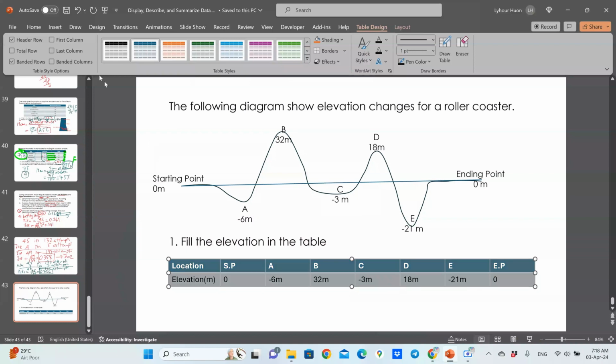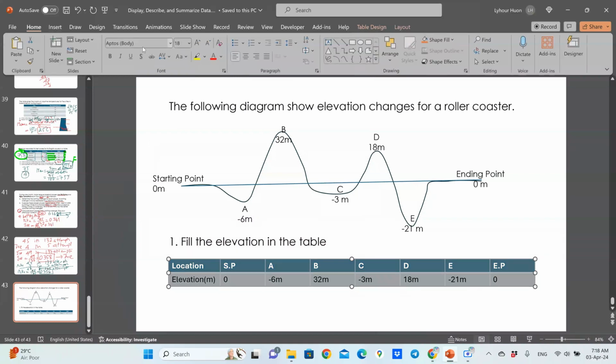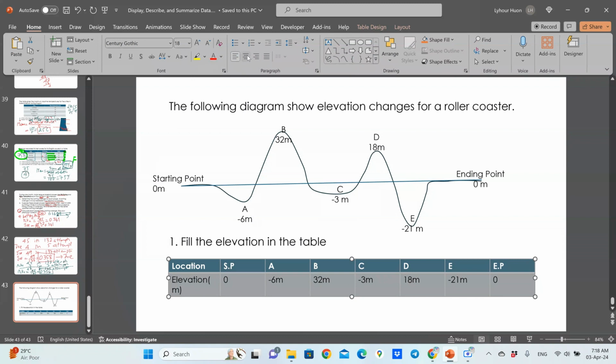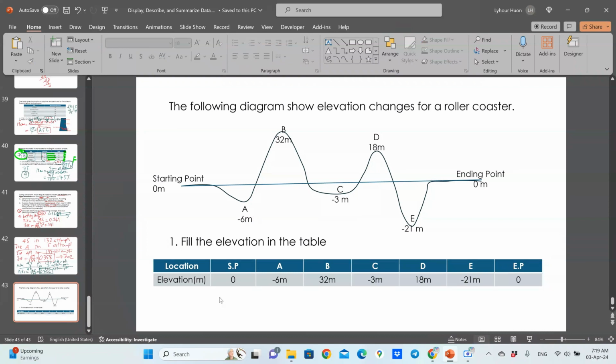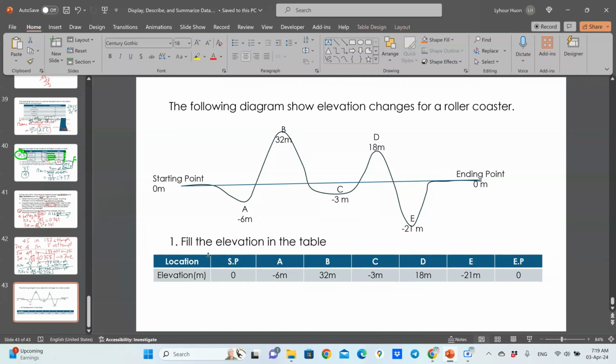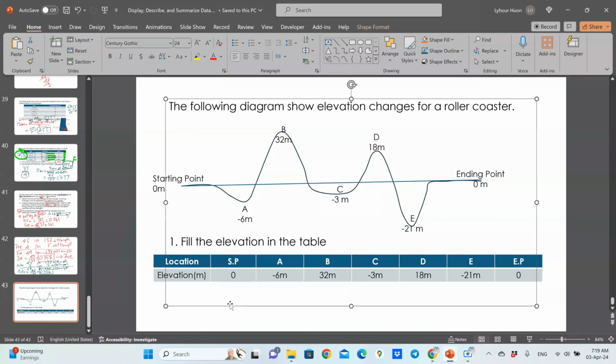So this is how we put it in a table of frequency, divided into two. Okay, I'm done. So next question.